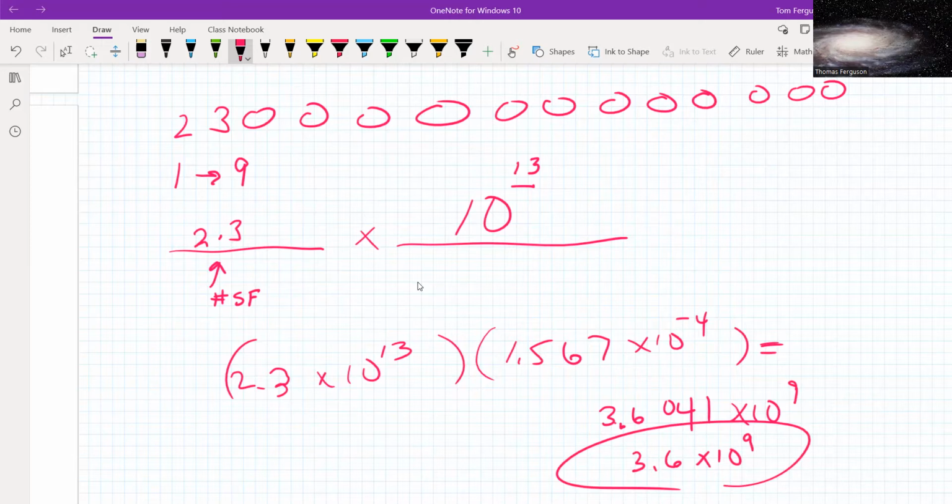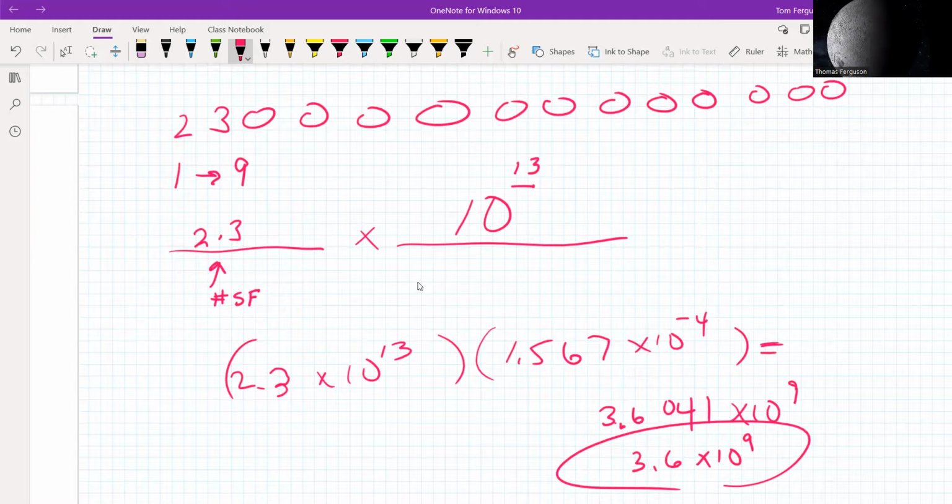So you're going to go 2.3, replacing this with EE, 13, times 1.567 EE, change sign, 4, enter.